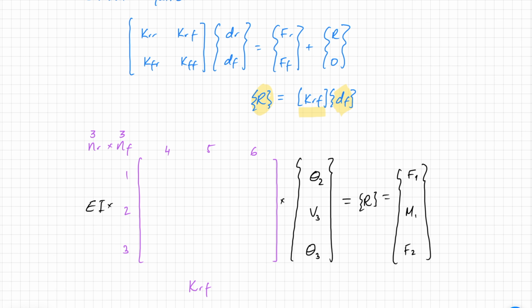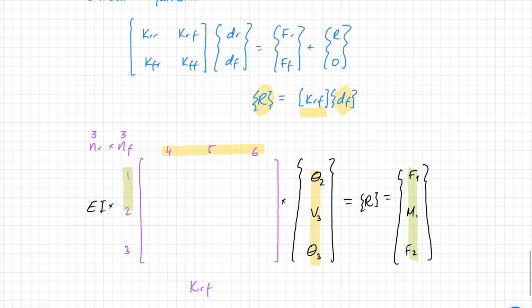Okay, so these ones here, 2, 3, and 3, they correspond with these degrees of freedom here. So let's have a look at what we need from the 2 stiffness matrices from each element.